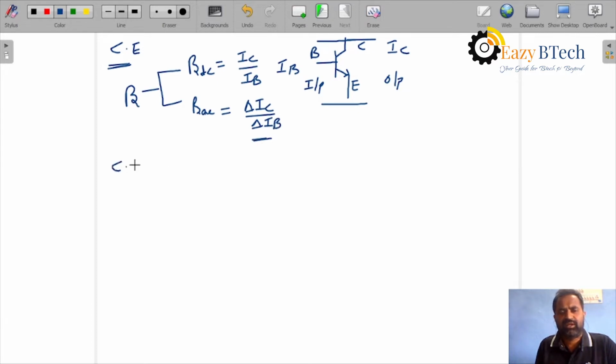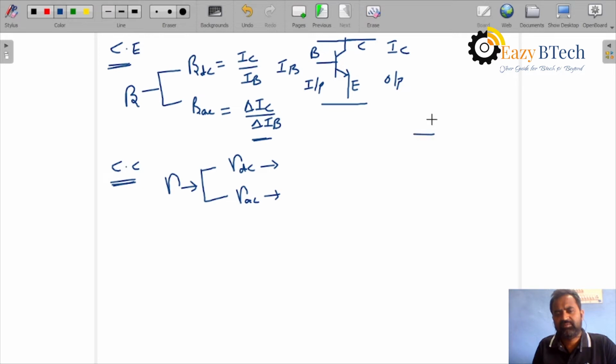Similarly, common collector. The collector is grounded, that is gamma. Gamma means the collector is grounded.